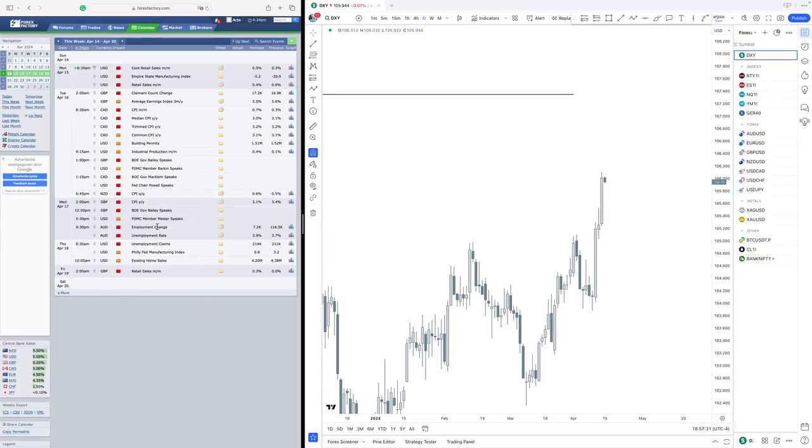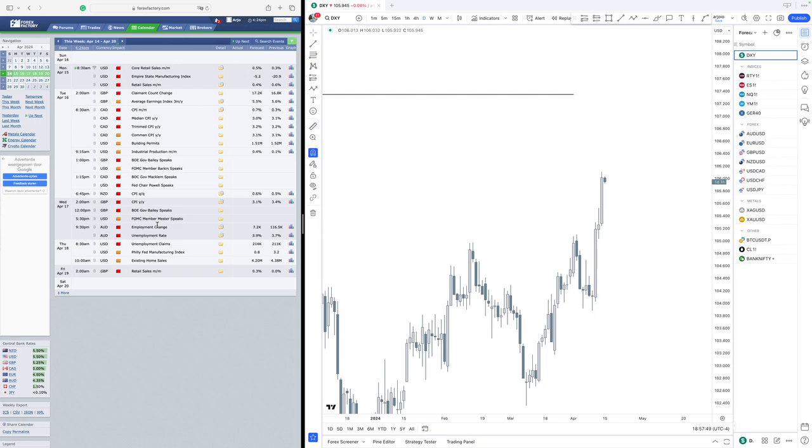All right, for CPI, by the way, I have heard stories of people getting slipped really badly with CPI, even on the crosses. Personally, I don't get slipped that badly on crosses on CPI, but that could be because I'm mainly trading on my broker.